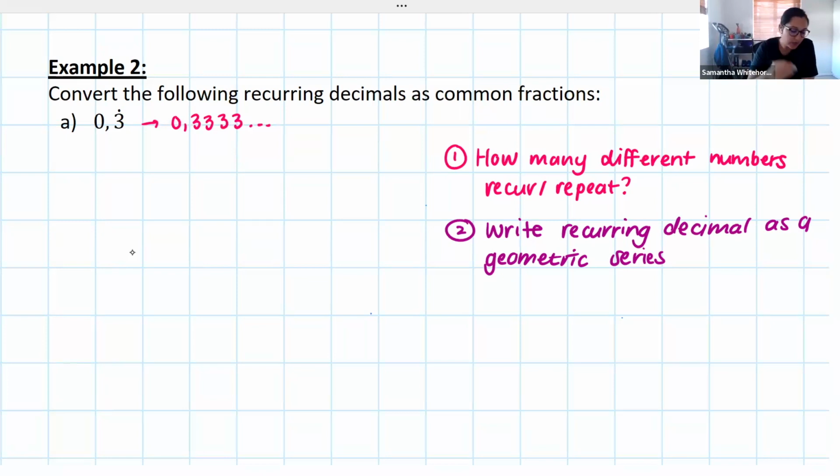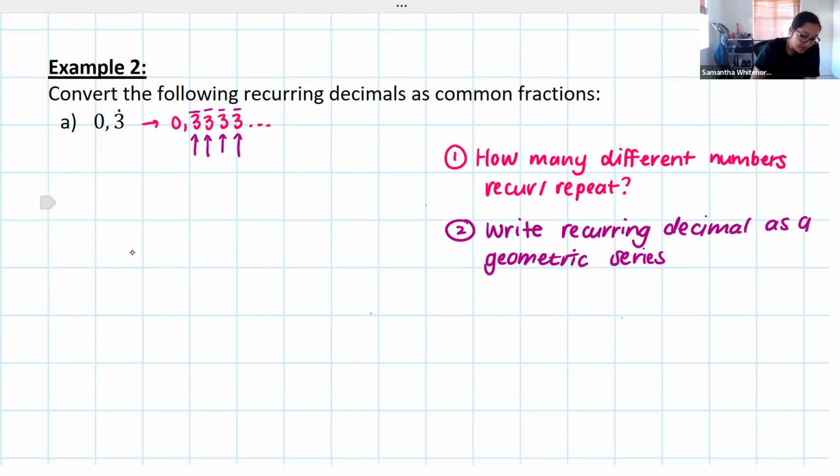So essentially, this would be term 1, term 2, term 3, term 4, etc. But we need to remember that this is the first decimal place, the second, the third, the fourth, and so on. Every time you move the decimal, it's a factor of 10. That's something we need to remember, and again, something we built this foundation on in grade 10.